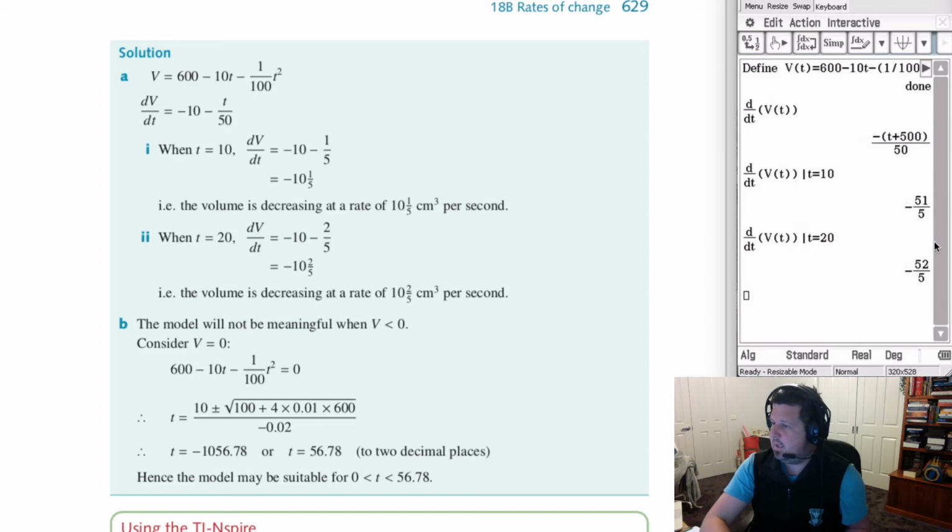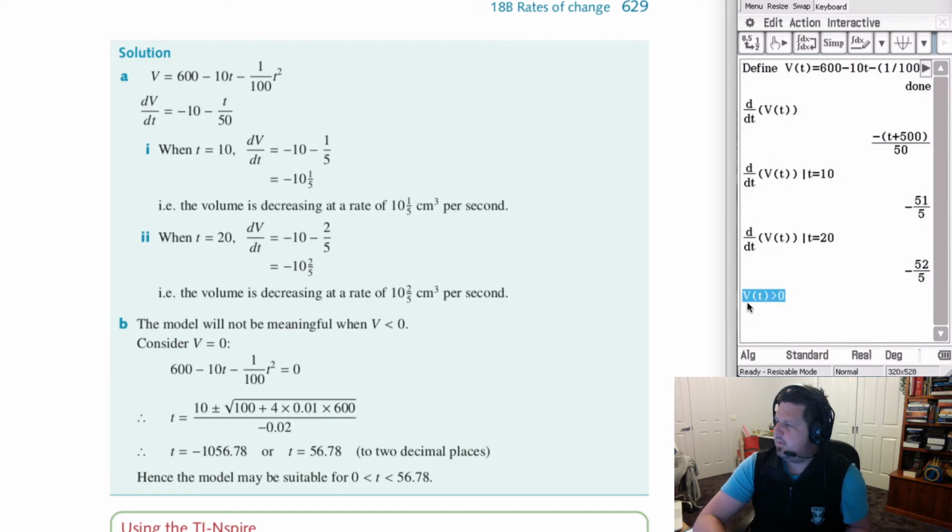Next thing we can do is find that meaningful situation. So again, you could go as follows. We want V(t) to be greater than 0. And so essentially, rather than doing the quadratic formula and things like that, we can get the calculator to solve it for us.